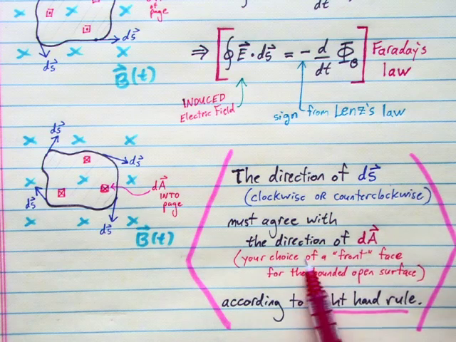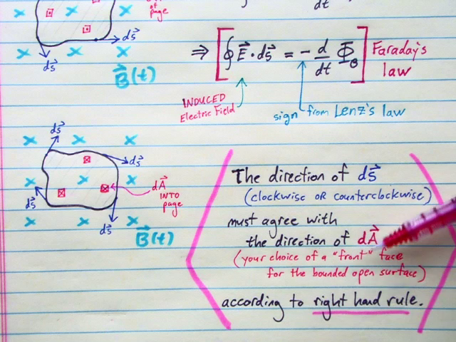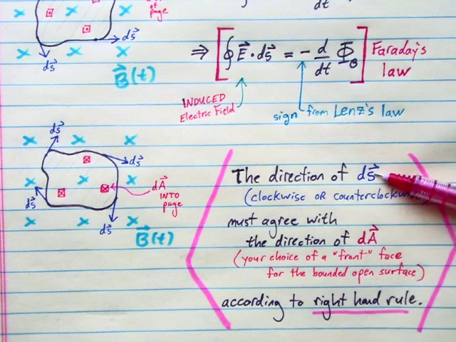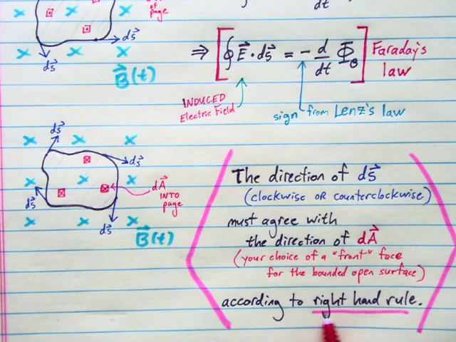In other words, your choice of a front face for your bounded open surface. You get to choose a front side and a back side, but that choice is not totally free. The direction of ds and the direction of dA have to agree with each other according to the right-hand rule.